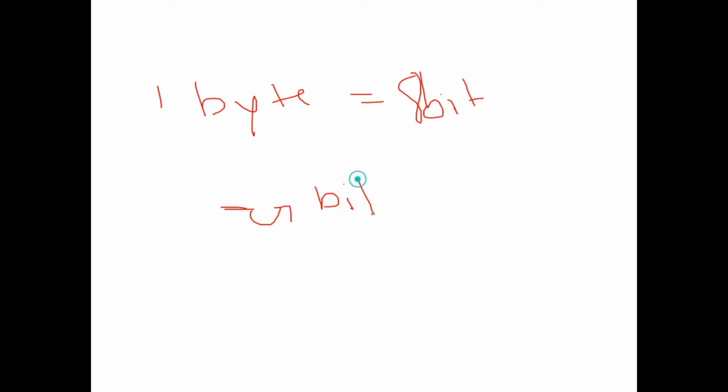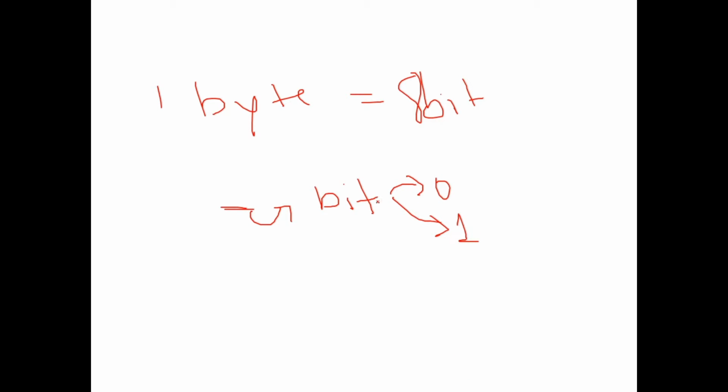So how can we say what is the size of int or anything else? We can say that one byte is equal to 8 bits. A bit is a position which can have either 0 or 1.